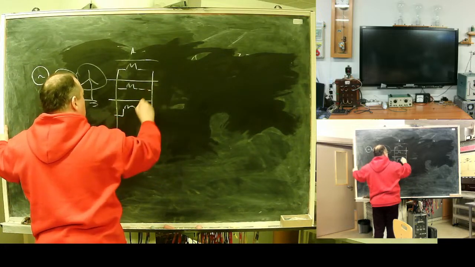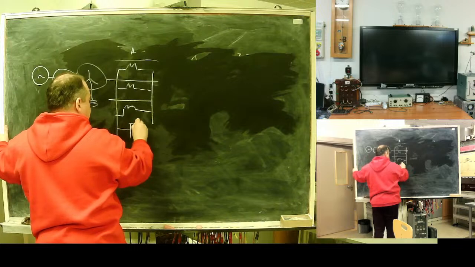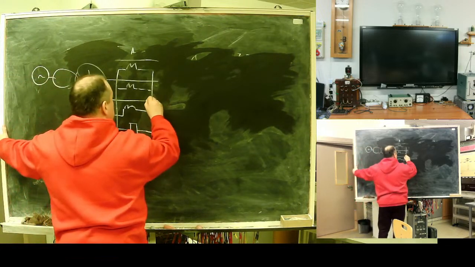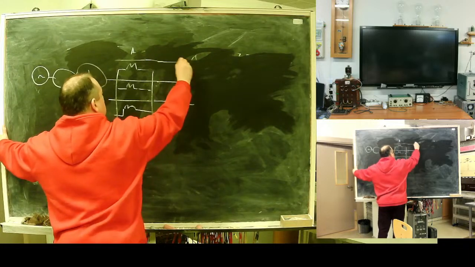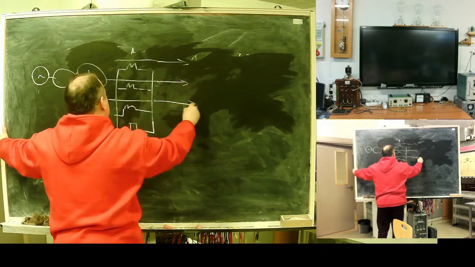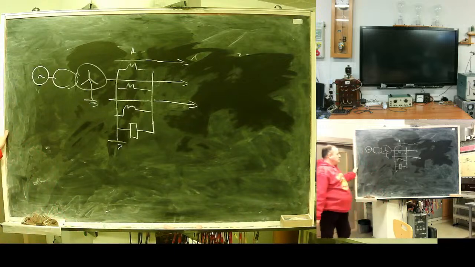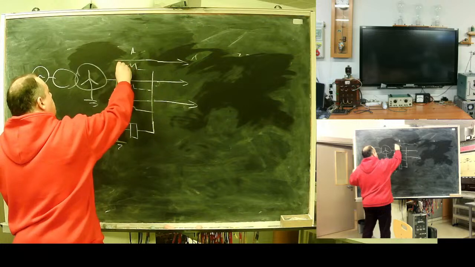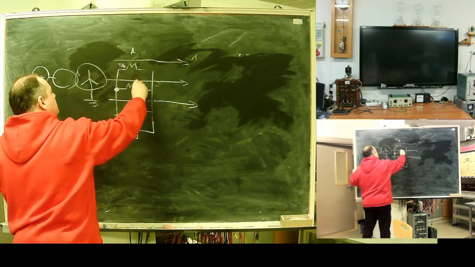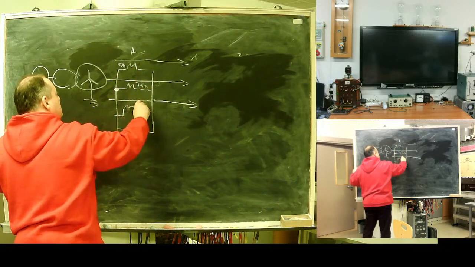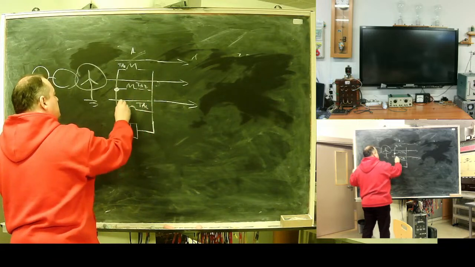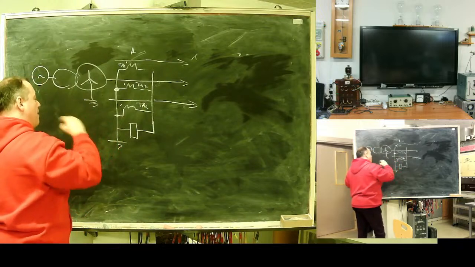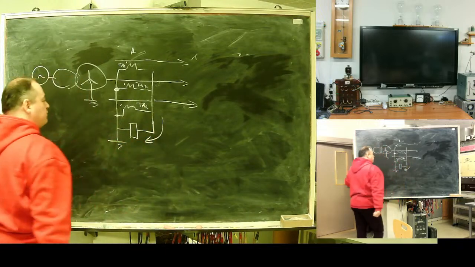Okay, I can draw the Holmgren schematics. Current, current, current. A phase, B phase, C phase transformer. What flows here?